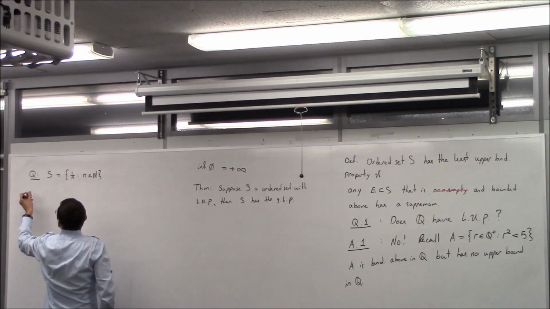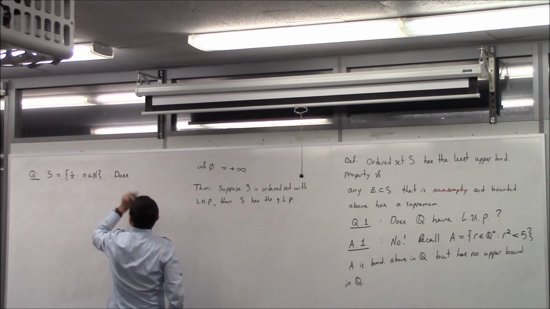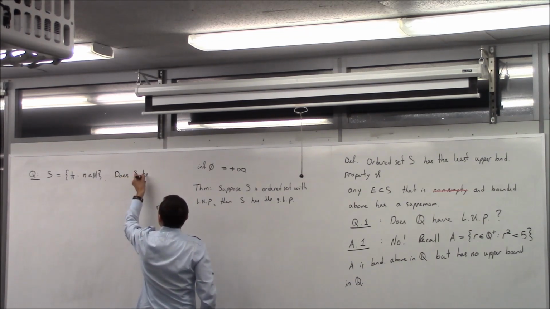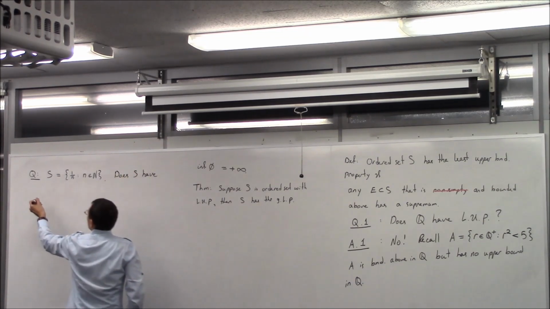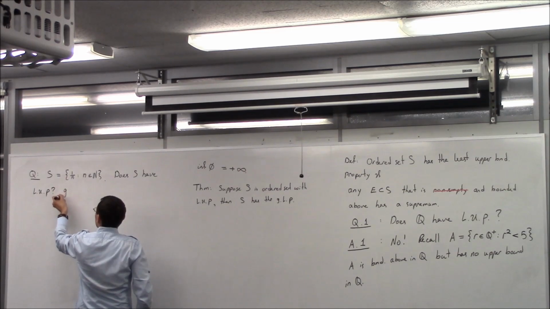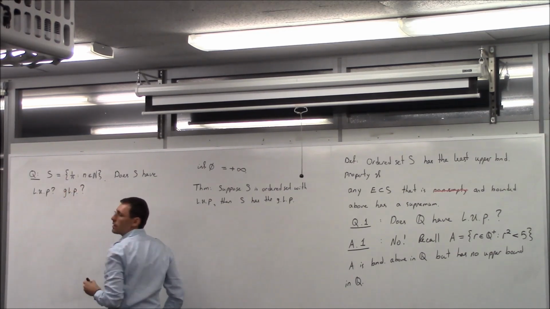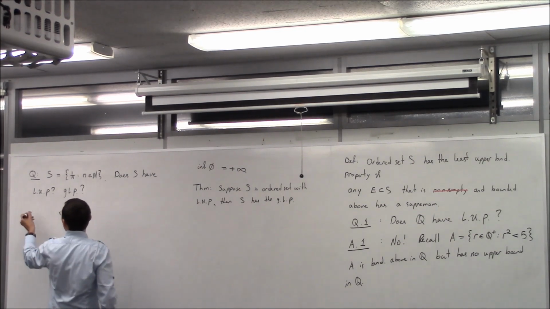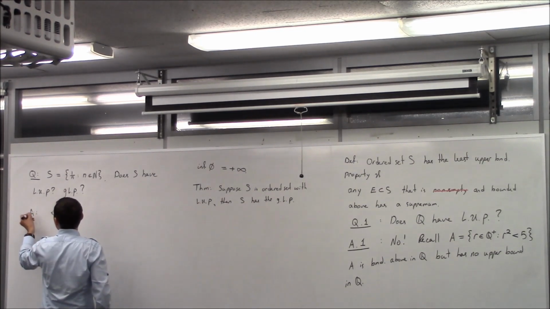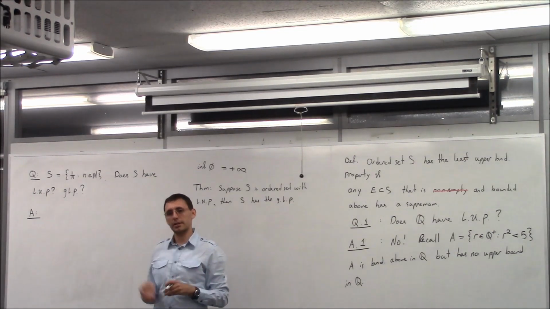Does S have the least upper bound property? And does it have the greatest lower bound property? Let's see if we can answer that.